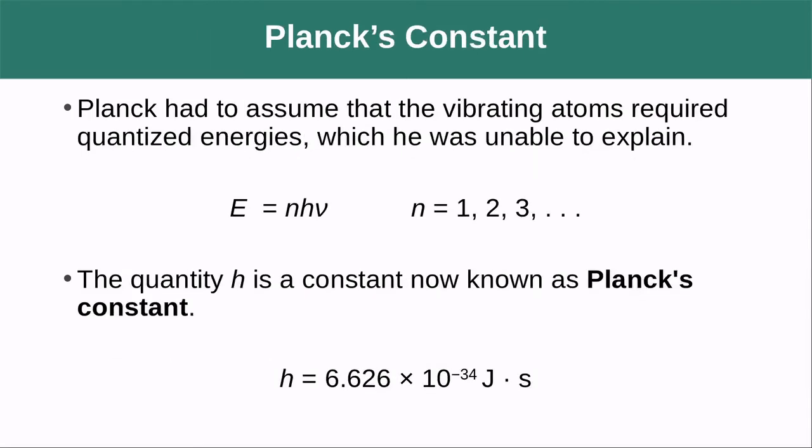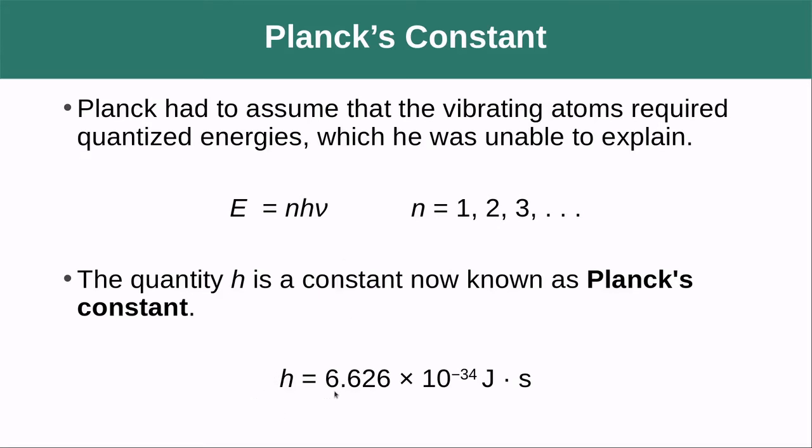What Planck did that was so revolutionary is that he developed a theory that related the energy of these vibrating atoms to the frequency. He said that the energy has to be equal to n, where n is 1, 2, 3, or 4 and so on, times some constant, which is known as the Planck constant now.